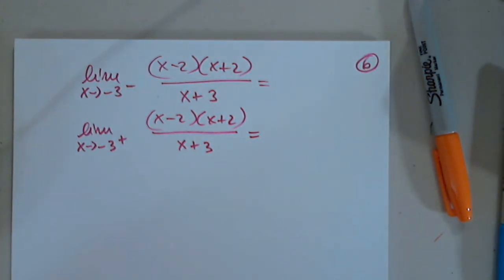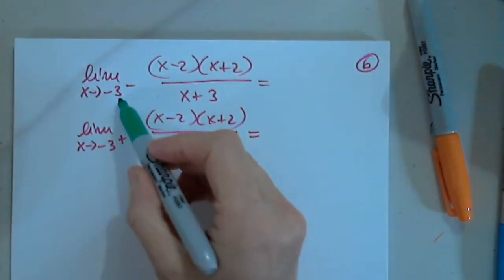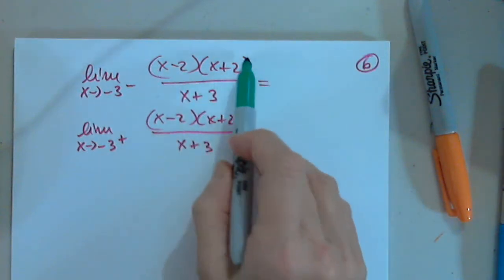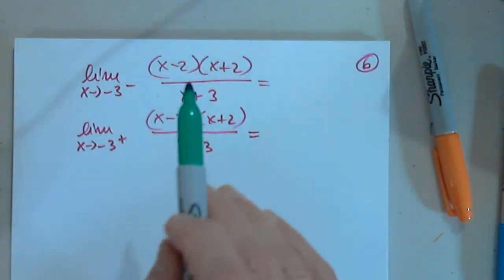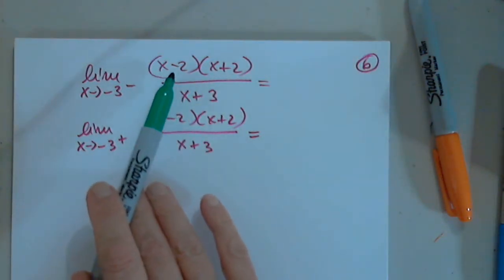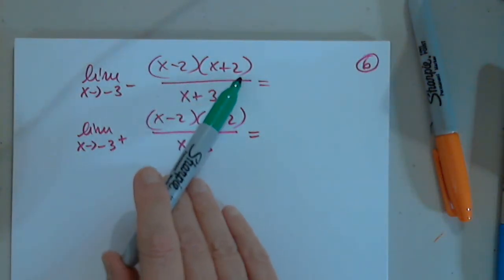Okay. So when x approaches negative 3 from the left or right, it doesn't matter. Where does this go? I need the sign, only the sign. So negative 3 minus 2, negative 3 plus 2.